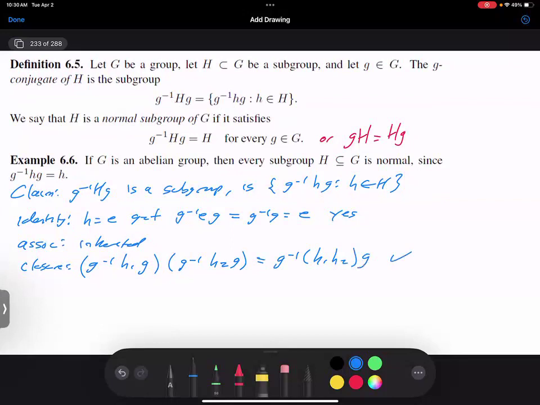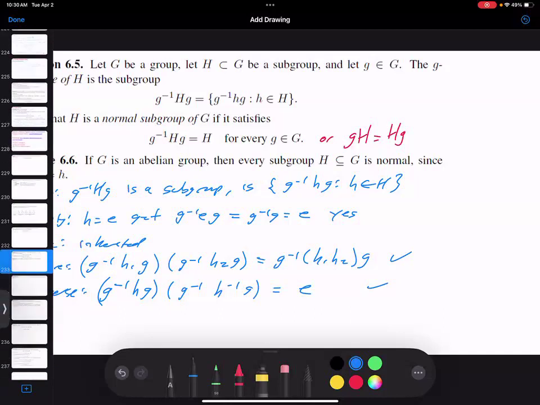So we have closure. And the last is inverses. If I give you g inverse hg, I can just multiply by g inverse h inverse g. And that will be the identity. So it turns out that this is going to be a subgroup. So it's a subgroup that's very nicely related to what we're looking at.